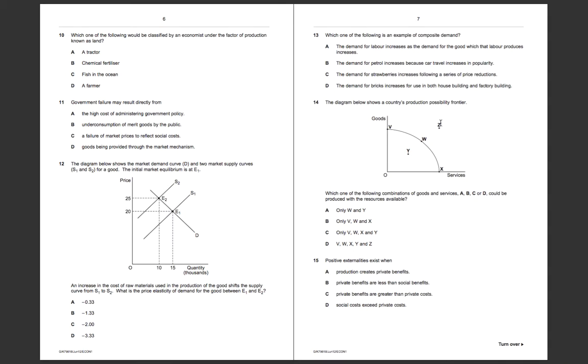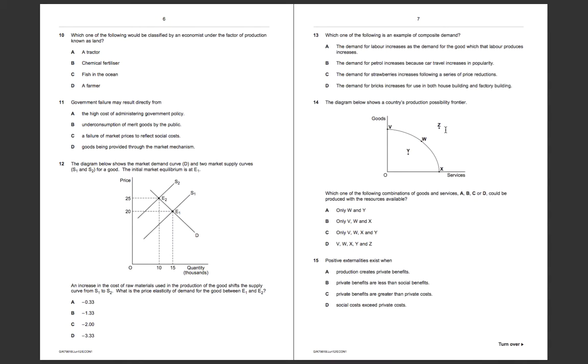Point Z actually shows a point which is unattainable, which means it can't be achieved with the given level of resources. With the land, labour, capital and enterprise available to a country, or the resources available to a firm, they can't, no matter what they do at that given level, produce at point Z, which would show a higher amount of goods and services, or combination of both.